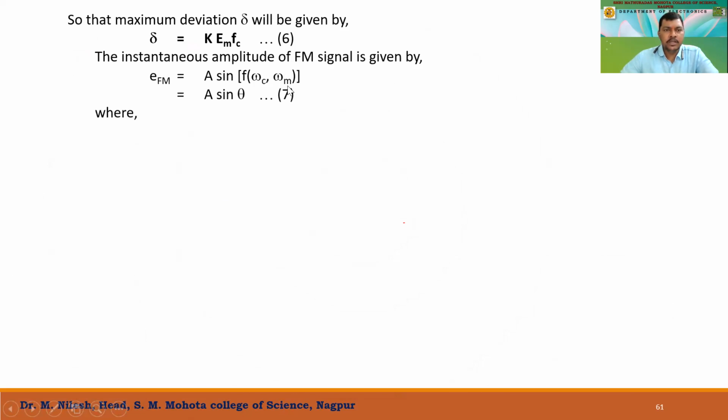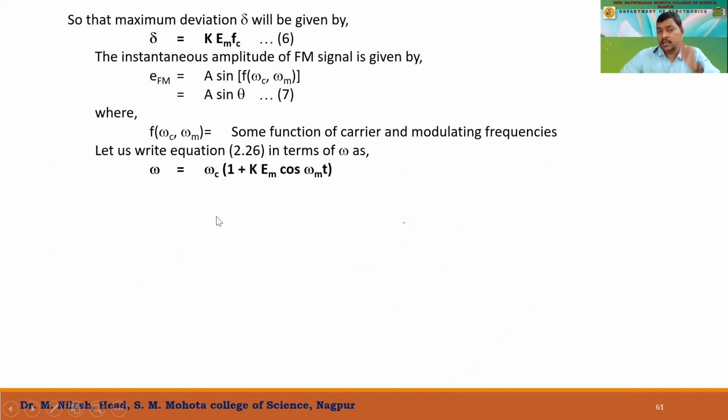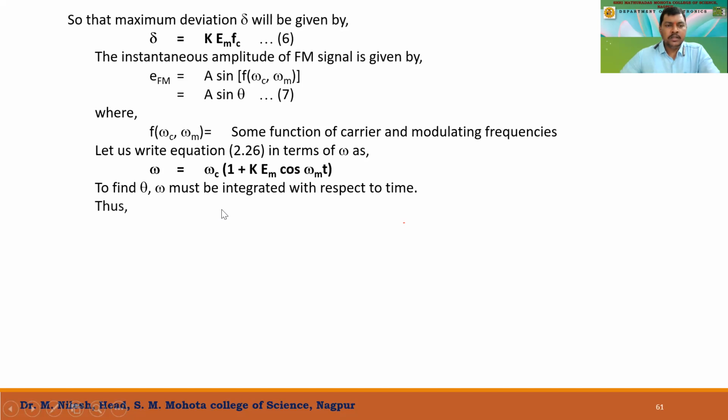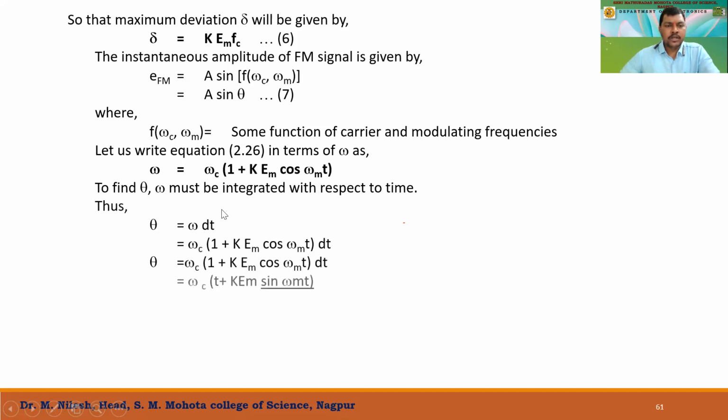The instantaneous amplitude of the FM signal is given by e FM, a function of omega c and omega m t. That we can write as A sin theta. And if we substitute in terms of omega, we have omega equal to omega c (1 plus k Em cos omega m t). Similarly, it can be integrated to find theta, the angular displacement.